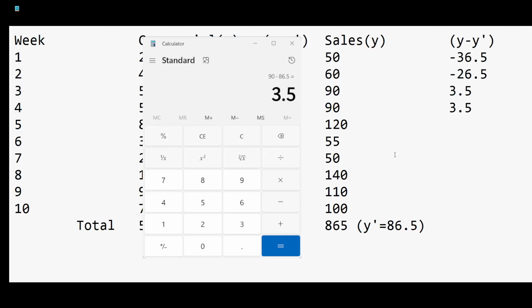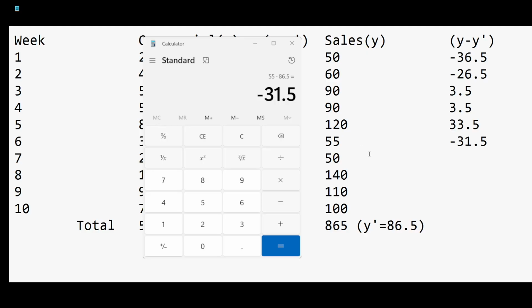And then 120 minus 86.5, that is 33.5. Then 55 minus 86.5 equals negative 31.5.